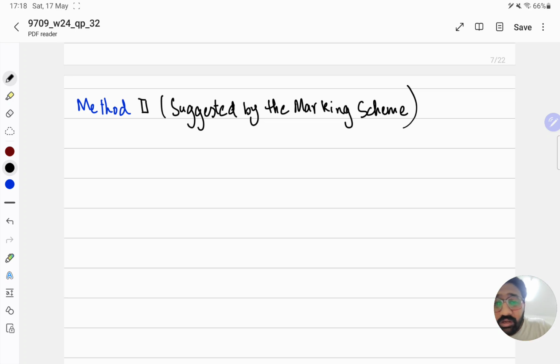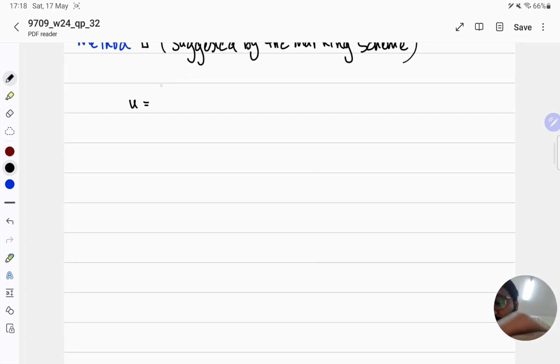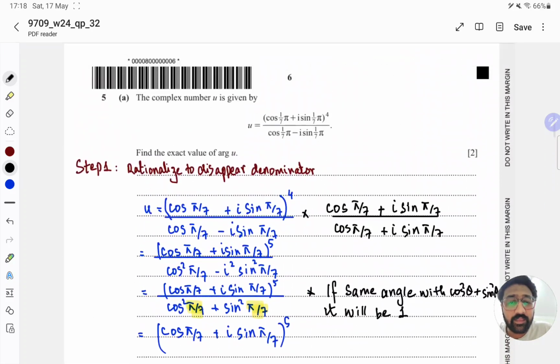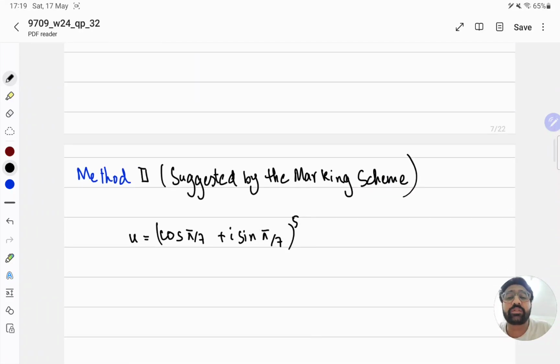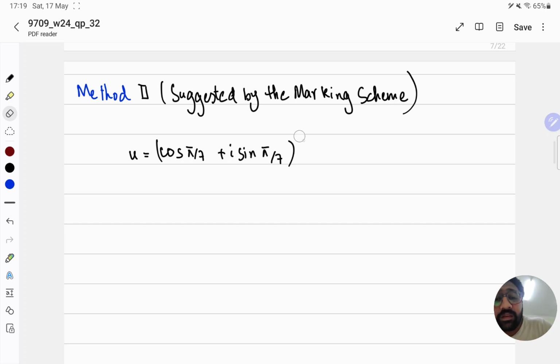Now we know that the complex number that we had was u equals cos pi by 7 plus i sin pi by 7 whole power of 5, sorry, it's power of 4, divided by cos pi by 7 minus i sin pi by 7.